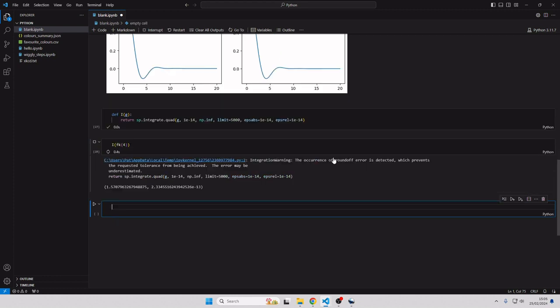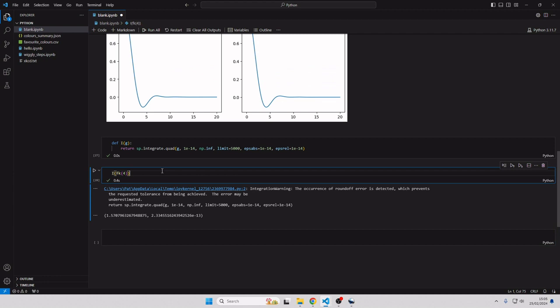So I'll ask to integrate f4. It gives me this answer here, and actually it gives me a pair of things. The first is what it thinks is the actual integral, and the second thing is its estimate of how close it is to being exactly correct. Because it doesn't actually know exactly what the error is, but has well-motivated ways of estimating how big the error might be.